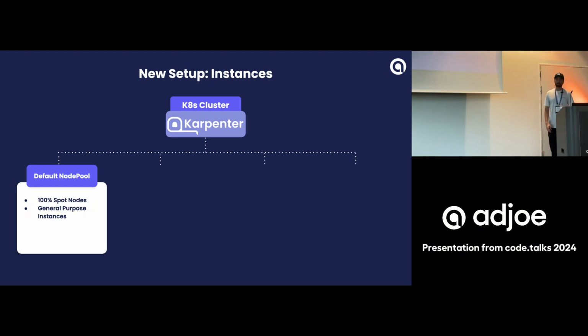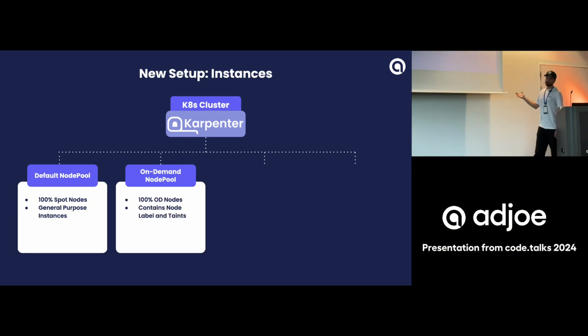The second one is the on-demand node pool, 100% on-demand. Why do we need on-demand node pools? Because some applications should not be interrupted. For example, when you launch a Spark job on Kubernetes using the Spark operator, you will have a Spark driver, which will come and manage all the workers for that job. That means that if this driver gets interrupted because of Spot interruptions, the whole job will fail.